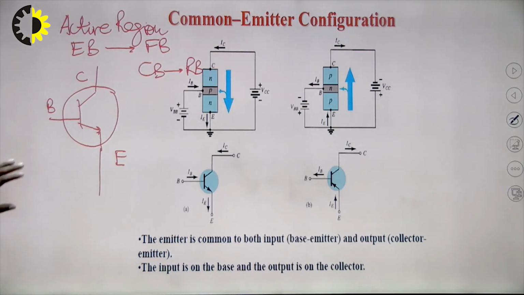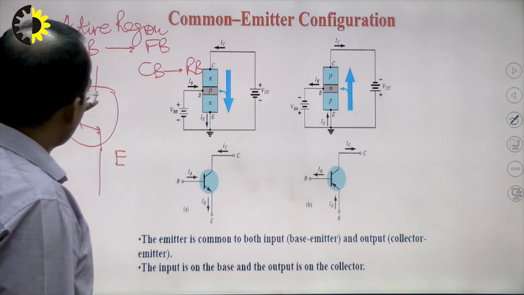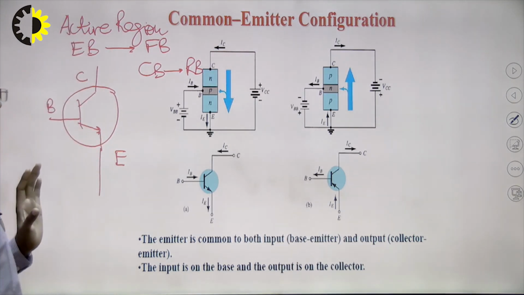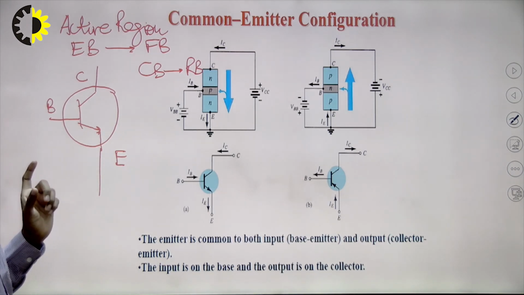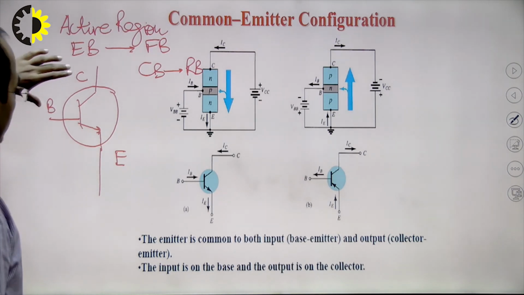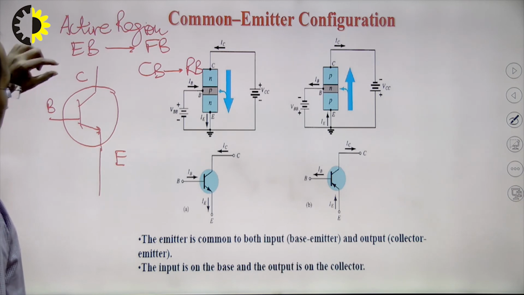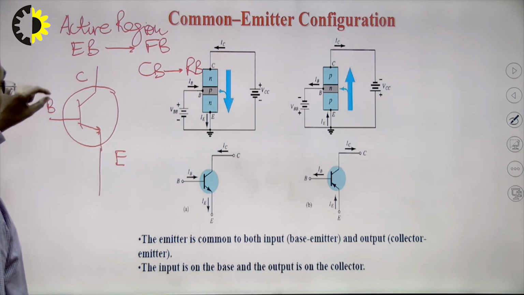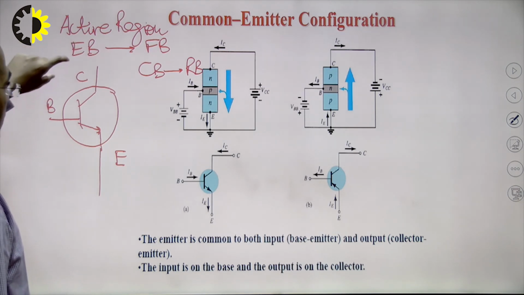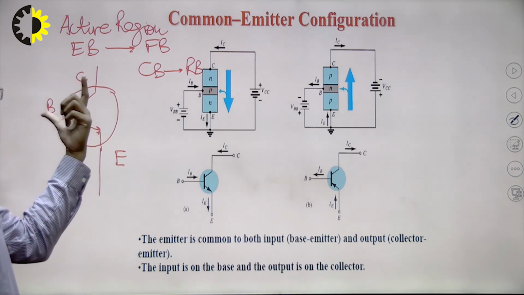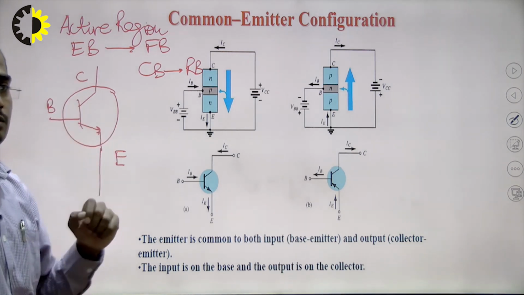Here it is clear that we can make the emitter base junction forward bias, but for making the collector base junction reverse bias, we have to maintain a voltage between base and collector so that this collector base junction becomes reverse bias.